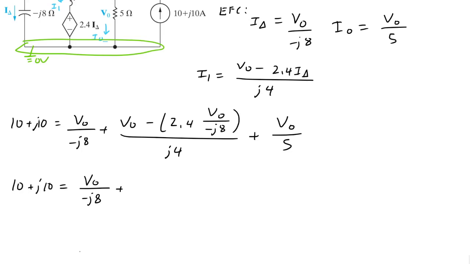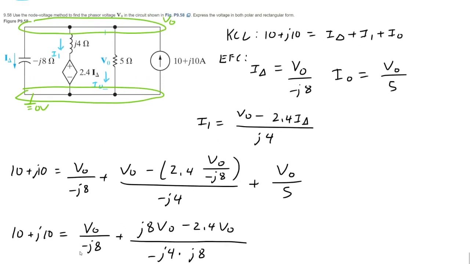And I'm going to try to pull this J8 around just to make the math a little bit easier. So we're going to have J8 VO minus 2.4 VO divided by J4 times J8, which is going to end up, or sorry, minus J4. Isn't it?